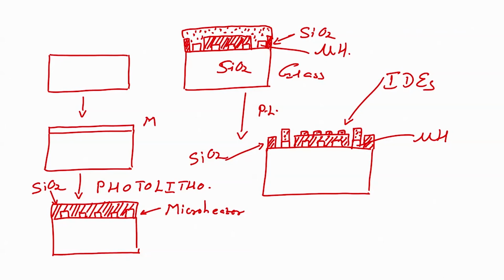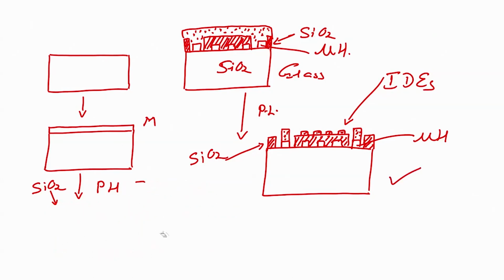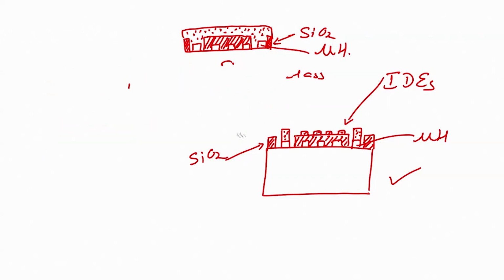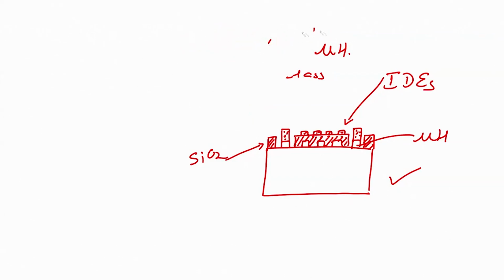We have this particular substrate. This substrate has a micro heater, an interdigitated electrode, and an insulating layer separating the interdigitated electrodes and the micro heater.